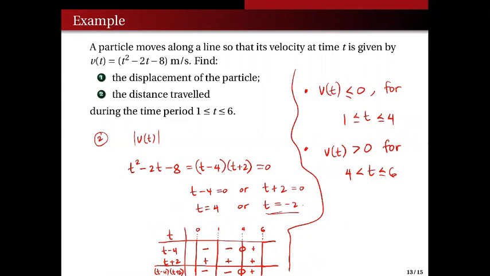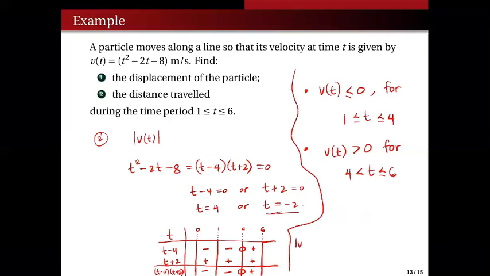So what is the absolute value of v of t? I think I will need a bigger space here, so I'll write it in the lower portion.